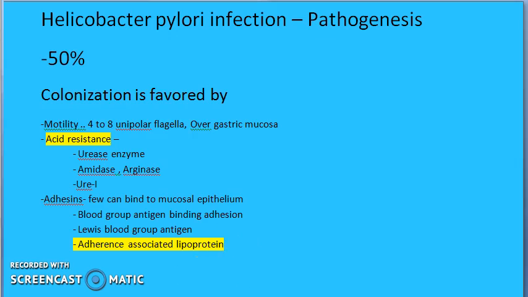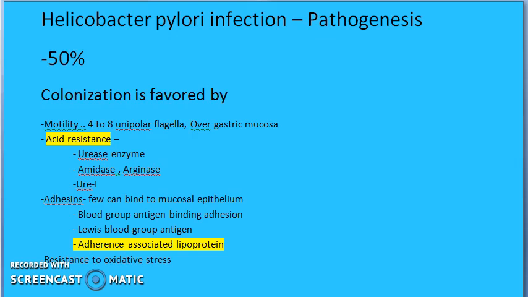One more point which helps its colonization in the stomach is resistance to oxidative stress. So it is able to resist oxidative stress.